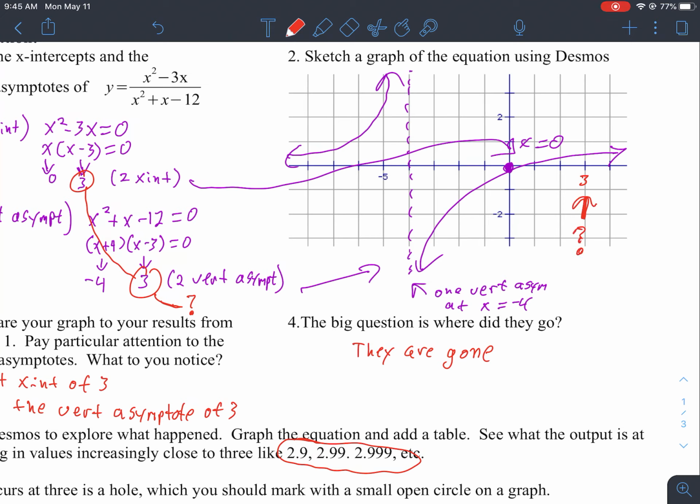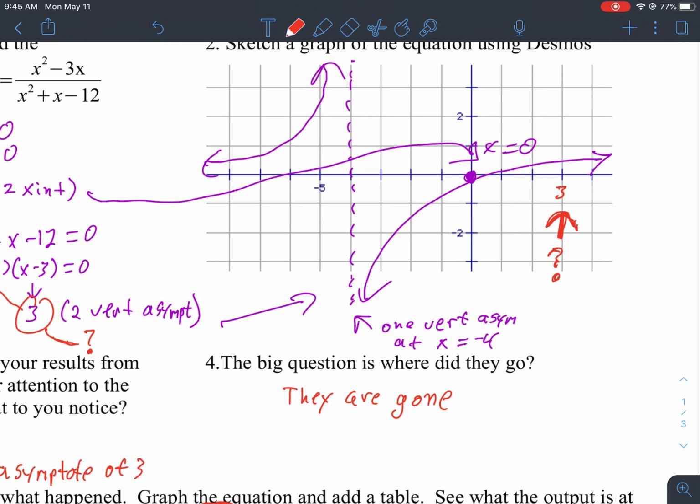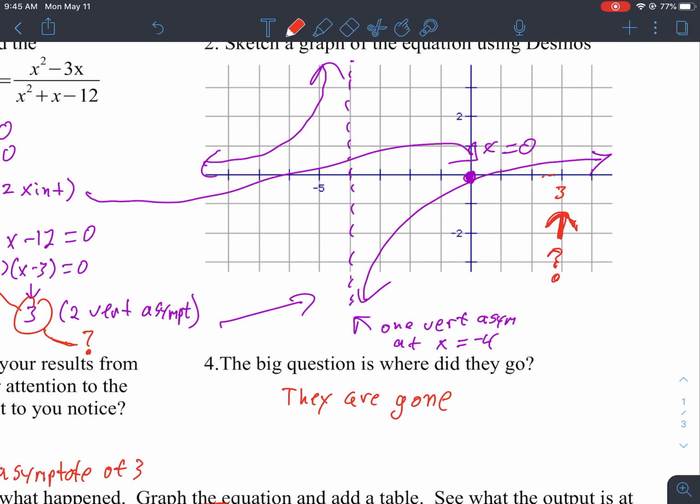Are there outputs as you get closer and closer to 3? And the answer is yes. But if you put into Desmos into a table at 3, it'll tell you the output is undefined. But yet there's no asymptote.